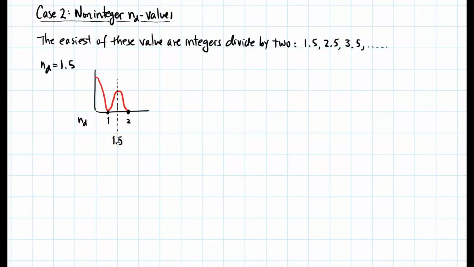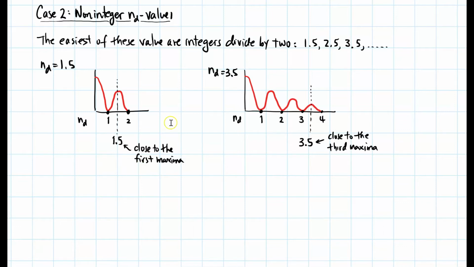Remember, maximas, we only know their approximate locations for the first three secondary maximas. If I have ND equal to 3.5, then that means it's somewhere between the third minima and the fourth minima. So if I draw this out, when I get to the third and fourth, 3.5 then implies that it's closer to the third maxima.